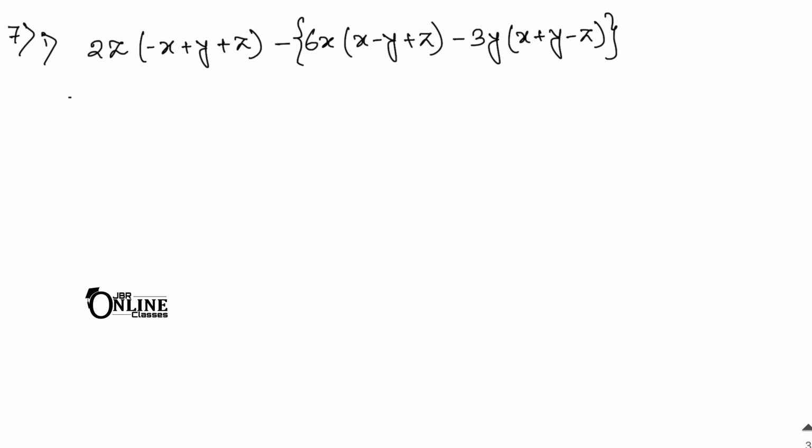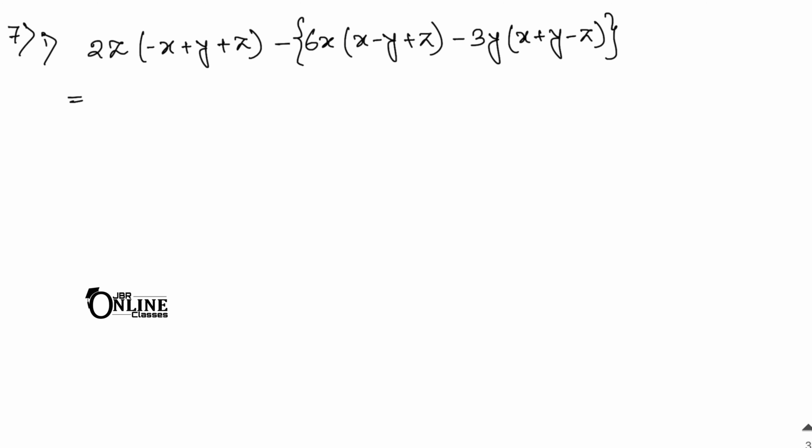So here first you have to subtract the first one from the second one. That means first you have to write down the second one. Remember that thing. First you have to write down the second one, then subtract sign and then the first one. So as here 2z minus x plus y plus z is the second one.